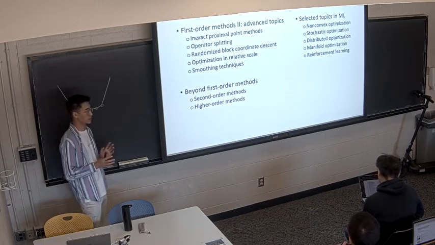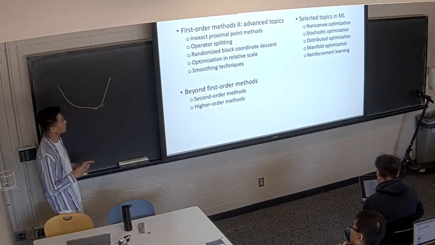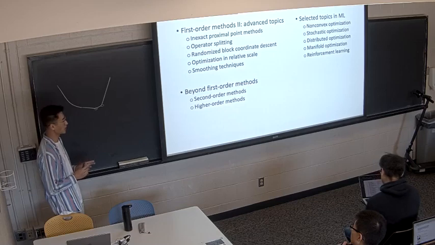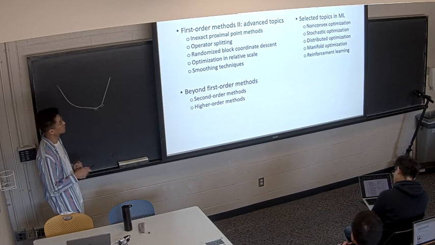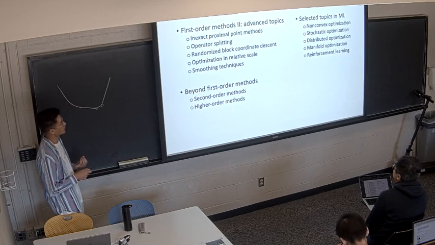Usually there are two types of approximations, sample average approximation and stochastic approximation, SAA and SA. These are the two mainstreams in stochastic optimization. So we will study how to apply these two approximations to solve population risk minimization in machine learning, and how we can use first-order methods to derive the complexity bounds for all these approximations.